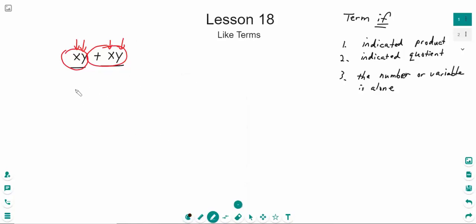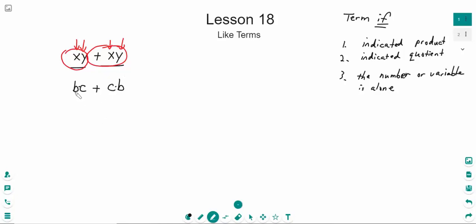Now let's make this a little bit more complicated. What if we have BC plus CB? Would these two terms be like terms? Again, we have two terms. Are they like terms? The answer is yes. Recall that this is indicated multiplication between these variables, and multiplication has the commutative property, which means we can rearrange these any way we want and still get the same answer.